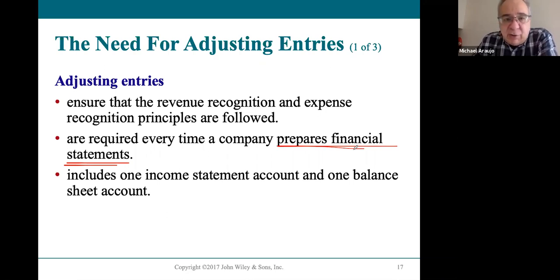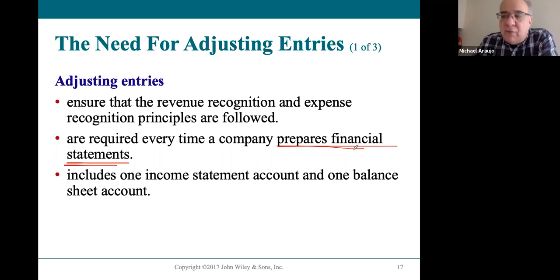The income statement gives you the net income. That gets put then on the retained earnings statement, which gives us our retained earnings. That then gets transferred to the balance sheet. So if you screw up the income statement numbers, everything else is going to be off. And in more ways than one, as you'll find out.